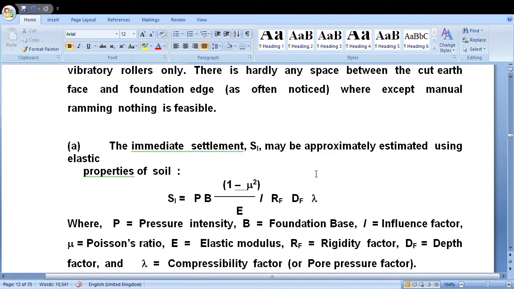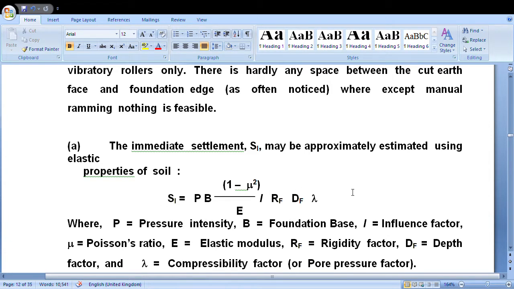The immediate settlement can be calculated from the elastic settlement equation. And the consolidation settlement is calculated using this equation.